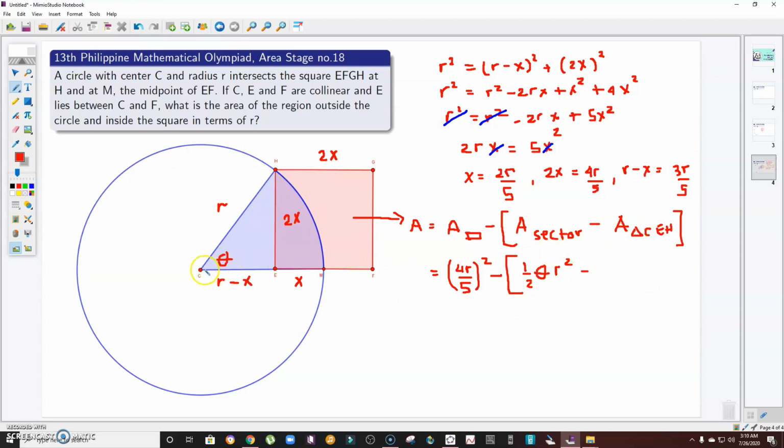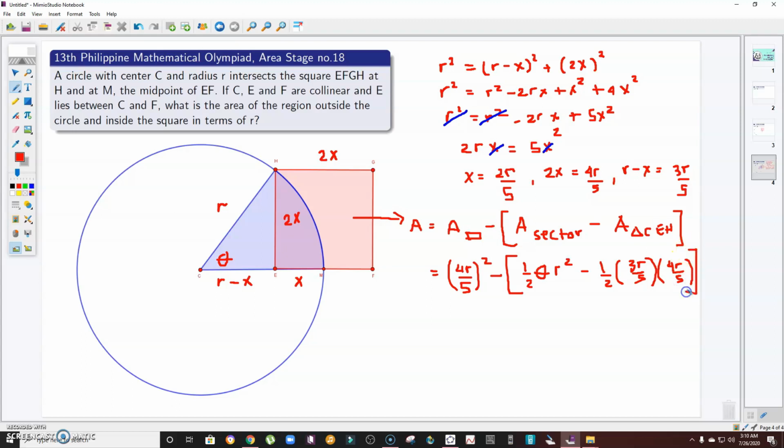Since I have the base and the height, that's 1/2 the base CE, which is 3r over 5, times the altitude, which is 2x, or 4r over 5.